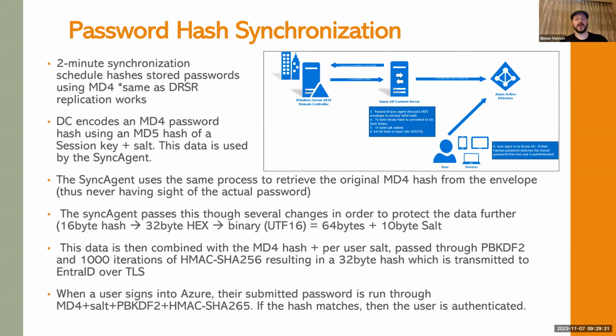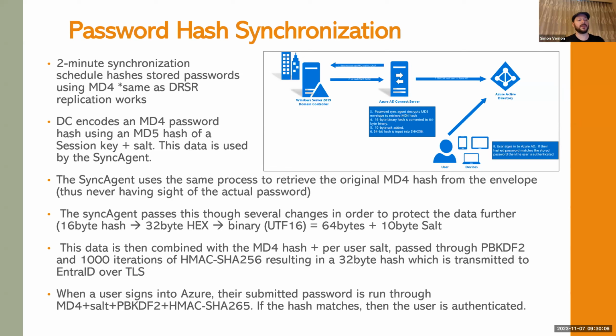To protect the data further, we take this 16-byte MD4 hash, turn it into 32-byte hex, and then return it back to binary in a UTF-16 encoding, which gives us a 64-byte string. We add a 10-byte salt to that value, and then that entire string of data is combined with the original MD4 hash plus a user salt, and it's passed through PBKDF, which is a key derivation function.